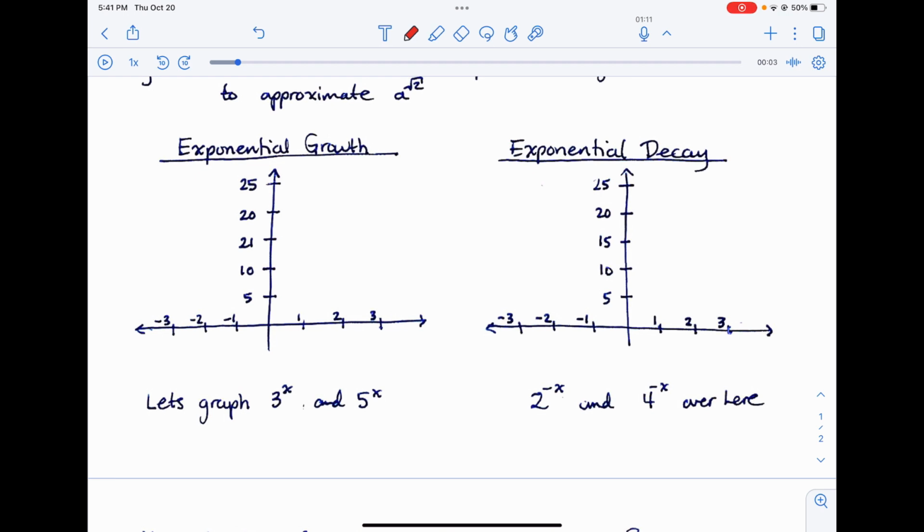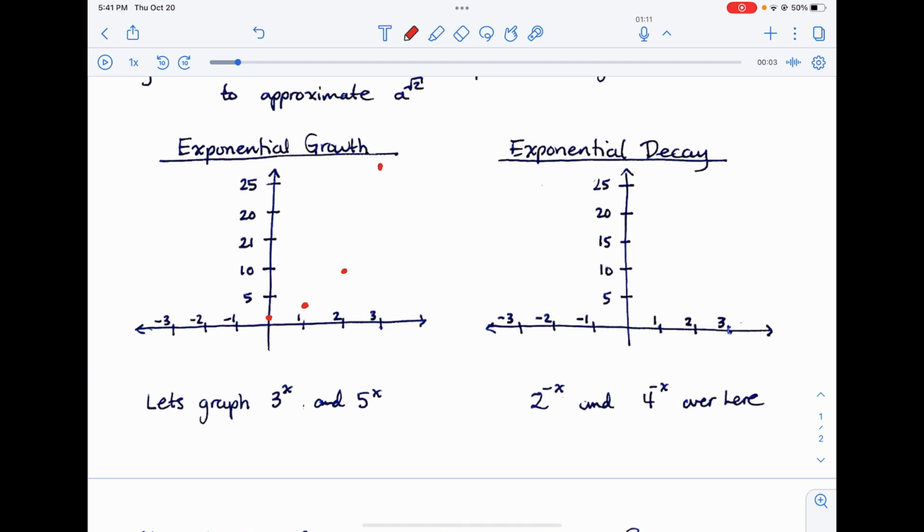We also need to think about what the graphs of these in general start to look like. So if we were to graph 3 to the x, at 0 we're going to go through that 0, 1 point. At 1, we'll go through 1, 3. 3 to the power 1 is 3. 3 to the power 2 is 9, so that's going to be around here. 3 to the power 3 is going to be 27, so that's way up here.